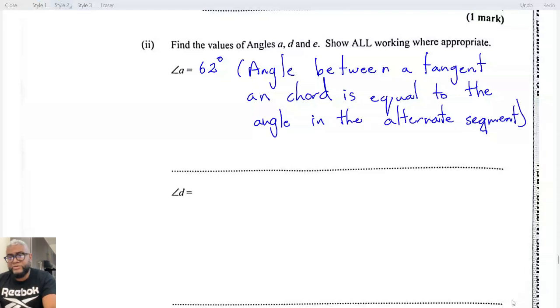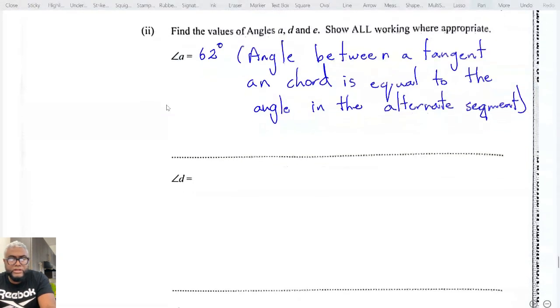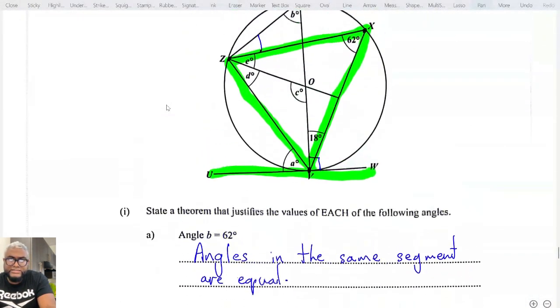Right, on that, then we'll go and see what's going on with D. Scrolling up, right? So we want to see where D is.